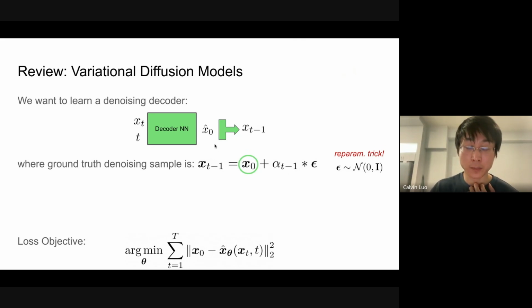Because when we make a prediction, we still treat this as a probabilistic decoder. xt minus 1 samples are generated from a probabilistic decoder using the reparameterization trick as the mean plus the standard deviation times a standard noise sample, right? So our ground truth and also our prediction xt minus 1 will roughly take this form, where if it is a ground truth xt minus 1, x0 is the true clean image. If it's a predicted xt minus 1, then this x0 is actually our predicted x0, right?